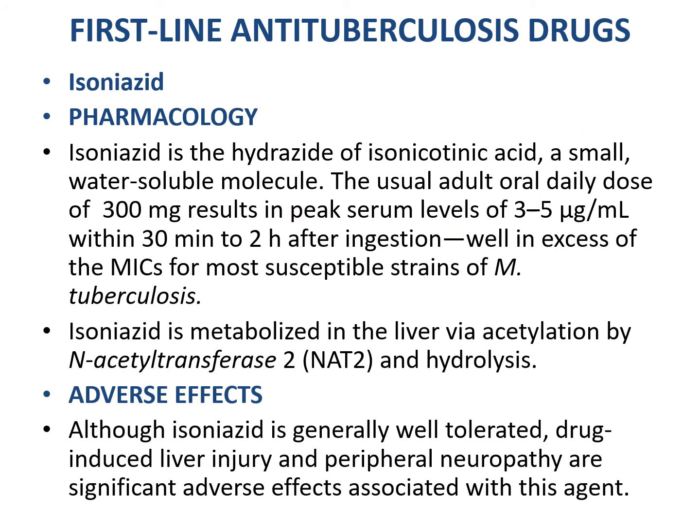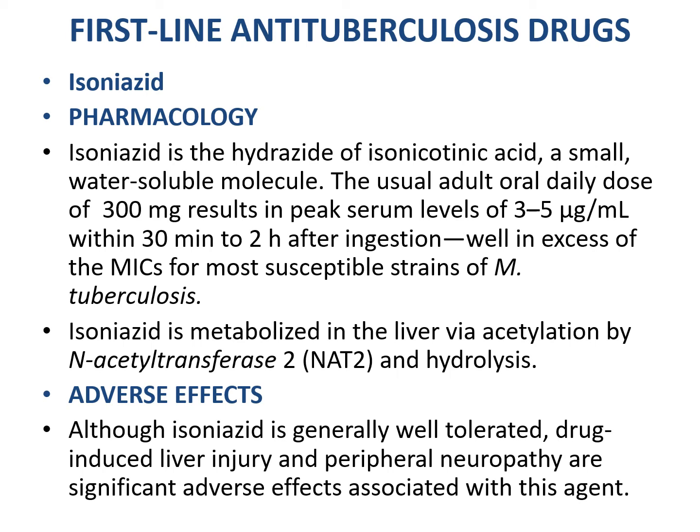Isoniazid is the hydrazide of isonicotinic acid, a small water-soluble molecule. The usual adult oral daily dose of 300 mg results in peak serum levels of 3 to 5 mg per milliliter within 30 minutes to 2 hours after ingestion, well in excess of the MIC for most susceptible strains of Mycobacterium tuberculosis.